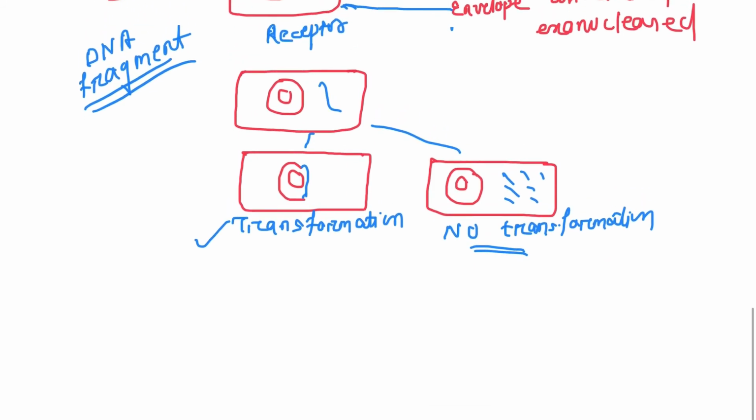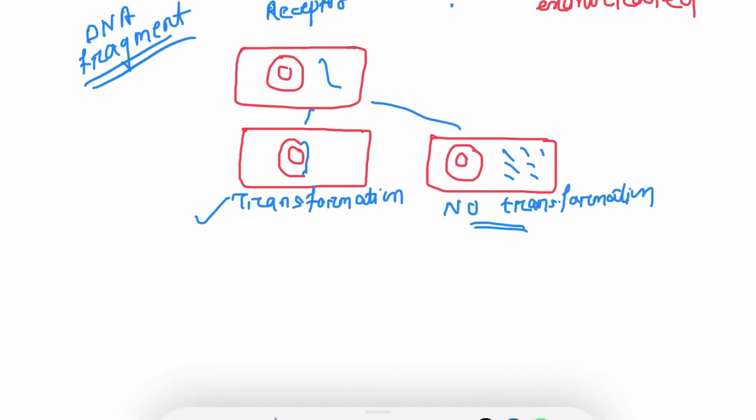Next I will show you the transformation with plasmid. Mostly in the lab, they prefer transformation with plasmid. Plasmids are double-stranded circular extrachromosomal DNA.